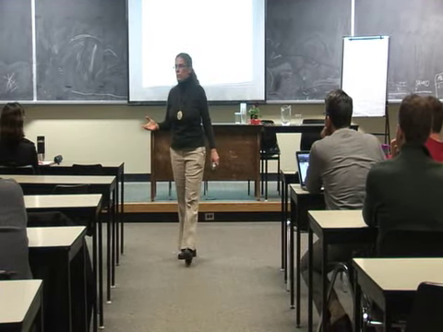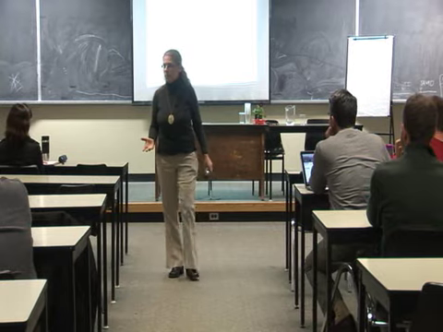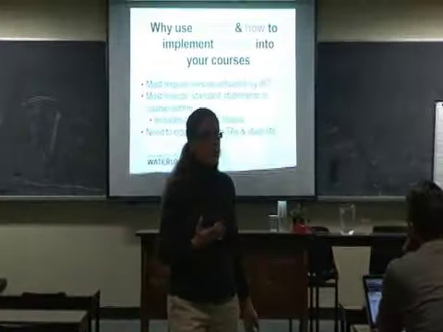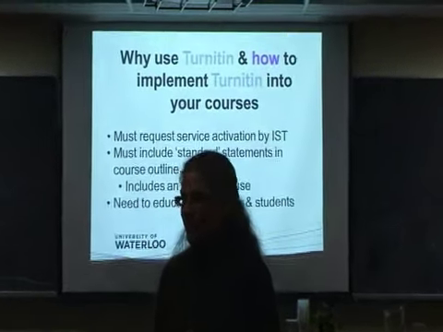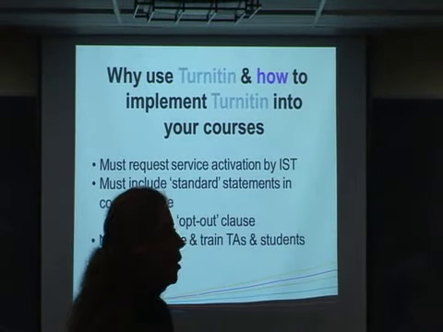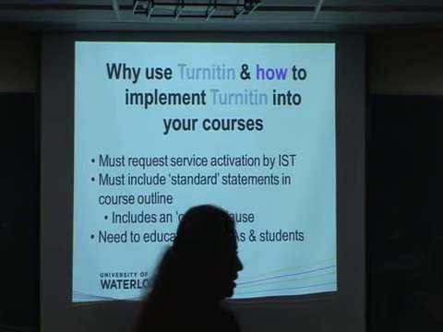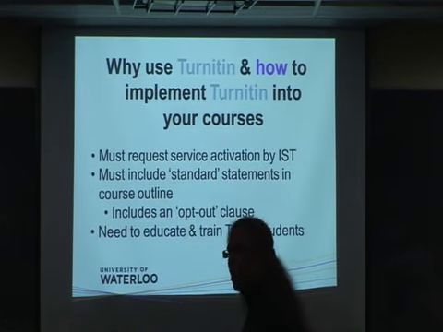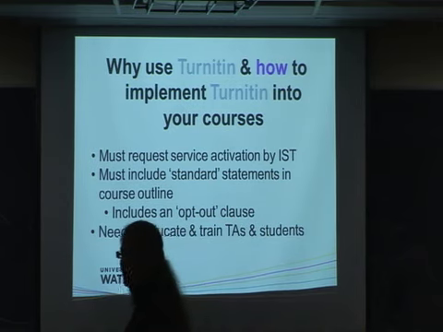To use the system, you must request it from IST. In that, they will always ask you to validate and make sure that you've included it in your course outline. You must make sure that you include all of the mandatory material from the university on using it. And then you have to provide the option for the student to opt out, not to use it.